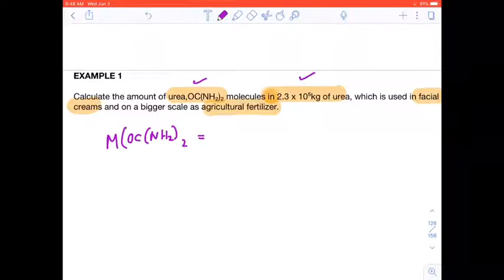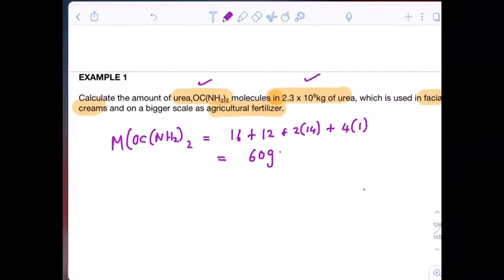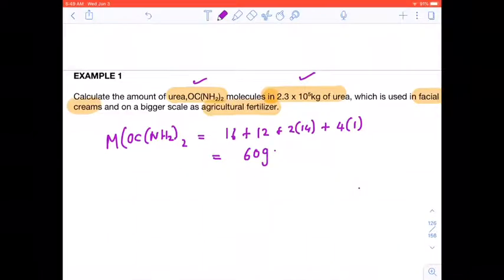And we say its molar mass is equal to 16 plus 12 plus, nitrogen is 14, so it's 2 times 14, plus hydrogen, there's 4 of it, so it's 4 times that, which then gives us 60 grams per mole.